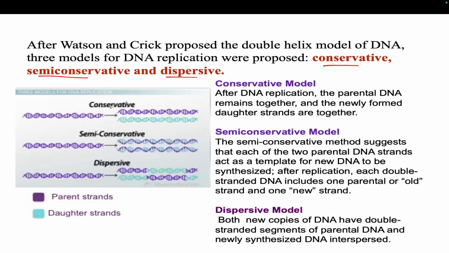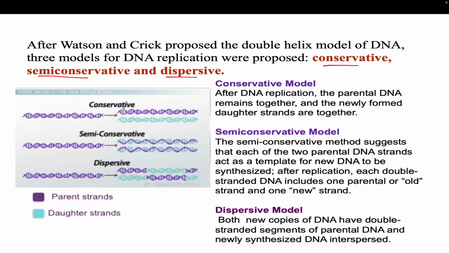In conservative replication, the whole parental DNA, both strands, works as a template for the new strand of the DNA. So the complete one strand is from the parent and the other new strand is completely newly synthesized DNA. This complete DNA works as a template for its daughter strand, right?